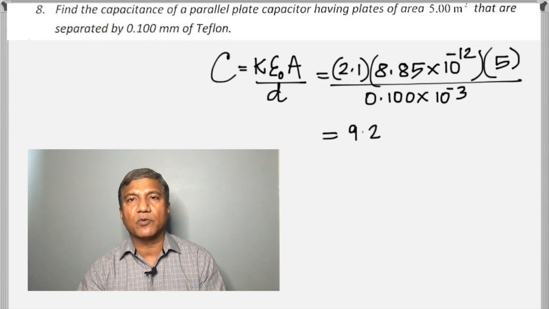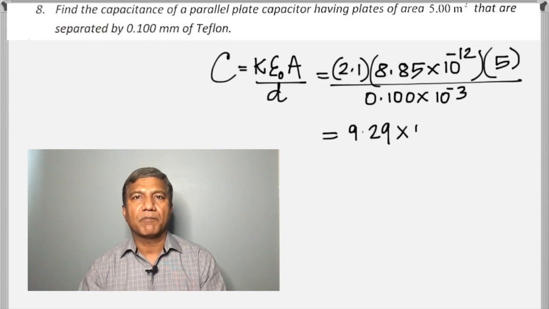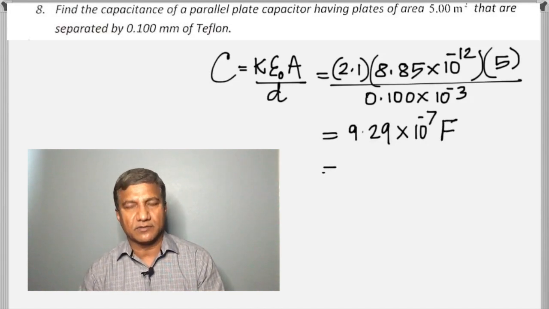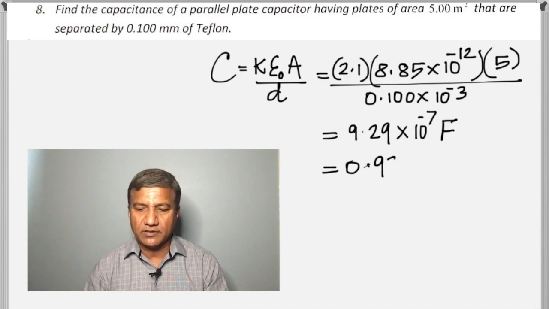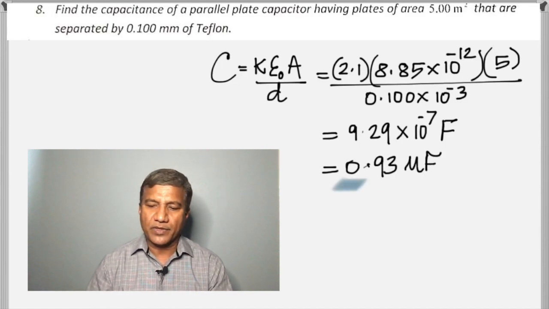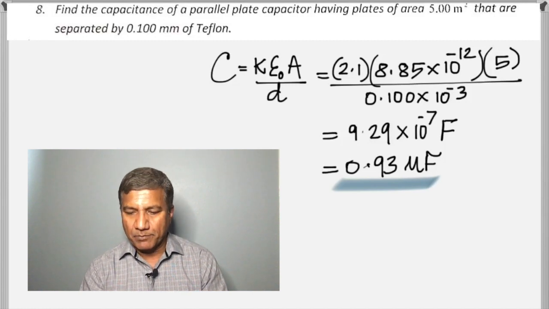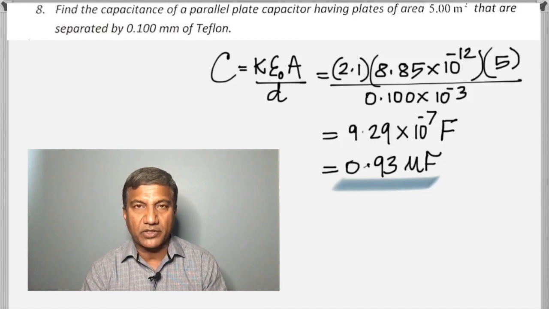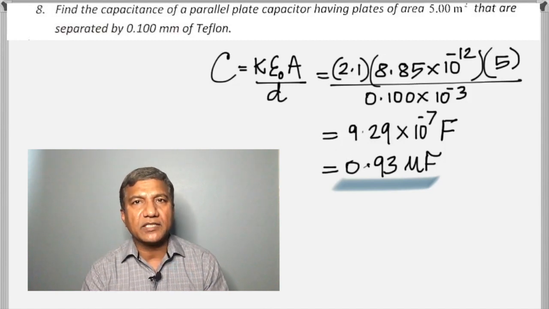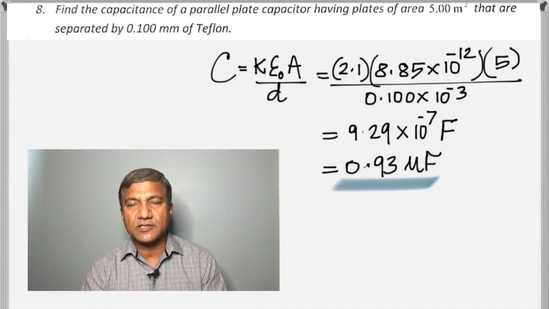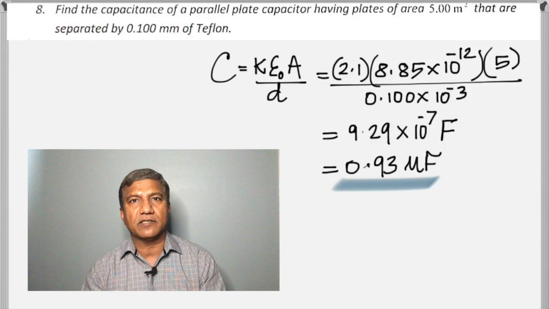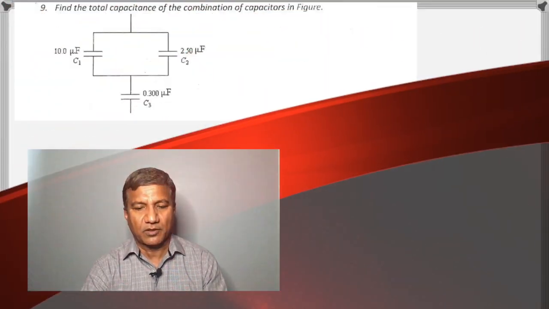So we change the 0.1 millimeter into meter by multiplying by 10 to the negative 3, which is equivalent to dividing it by 1,000. And then we get 9.29 times 10 to the negative 7, but that can be written as 0.929 times 10 to the negative 6. I shifted the point here. Okay, so 0.929 is 0.93, and since we have 10 to the negative 6, when you write it as 0.929, you can express it as microfarad. So that's how you work out this problem.